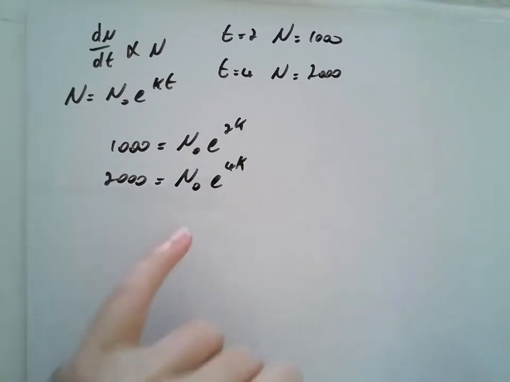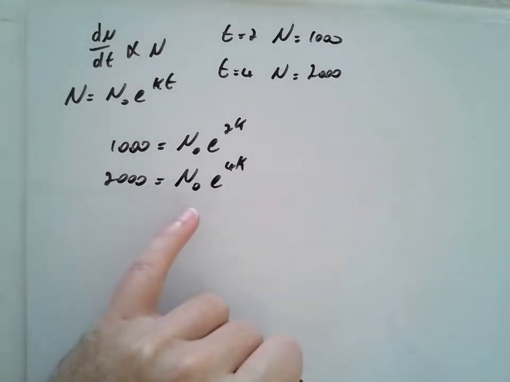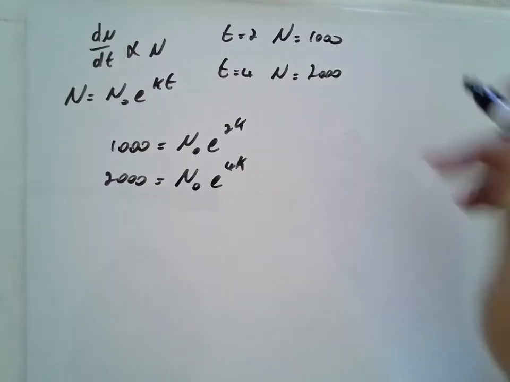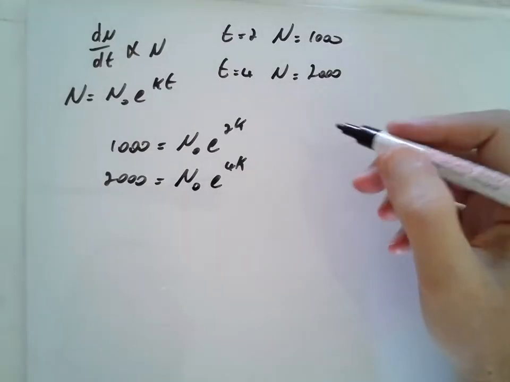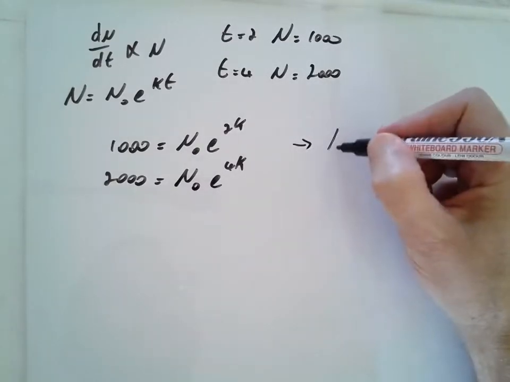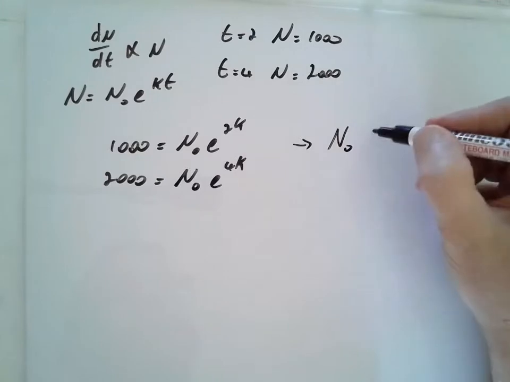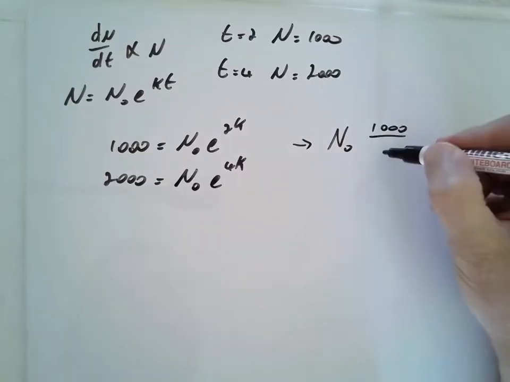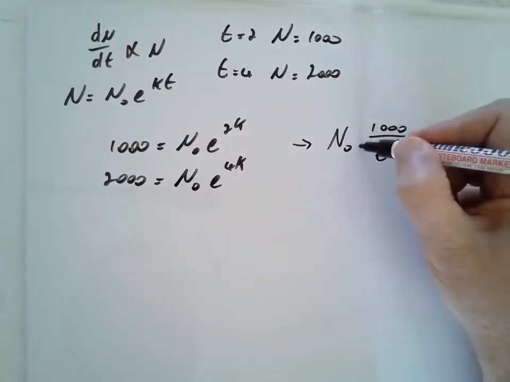Please do not look at the textbook. The textbook tells you to divide these as a simultaneous equation, and it's not really what you want to be doing. Here, I'm going to work sideways because I'm out of room down here. See this N0? It's equal to 1,000 on e to the 2k.